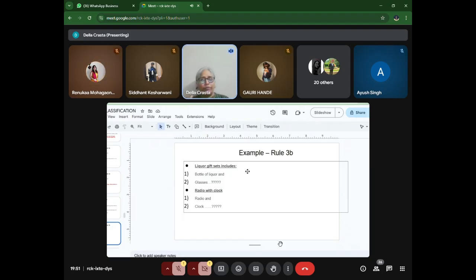Ma'am, can you give me some examples for this particular rule on your own? Can you identify what kind of items can go in this rule? Think of set, think of composite goods.